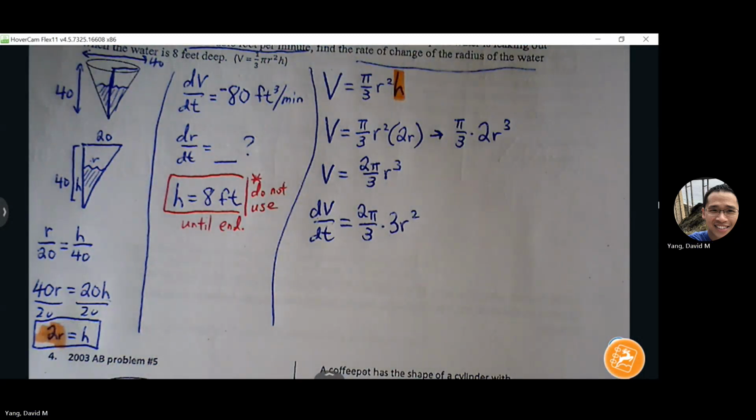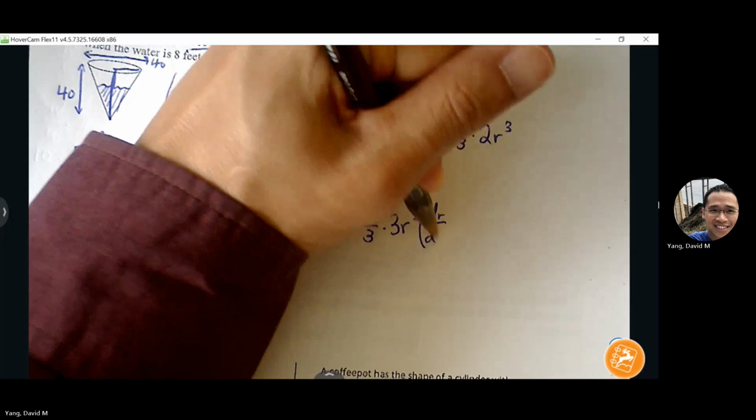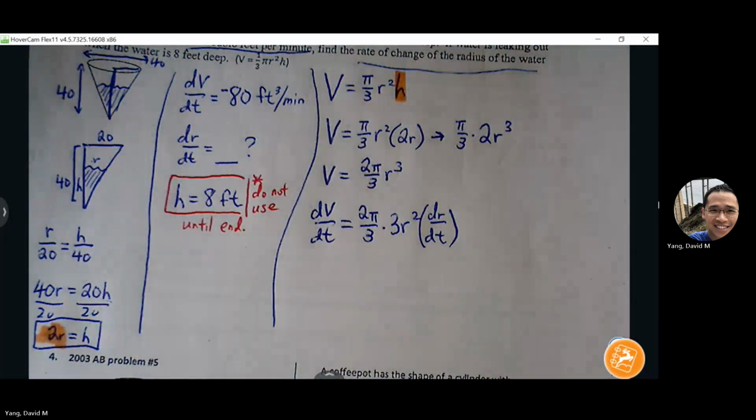And then what? Yep, cancel the 3's, but we still need what at the end? dr dt. Yep. My next step will be to cancel out the 3's, but any questions here from v to dv dt? This is the only calculus step in the problem. Whenever you do that, you always need to bring it down to dr dt.